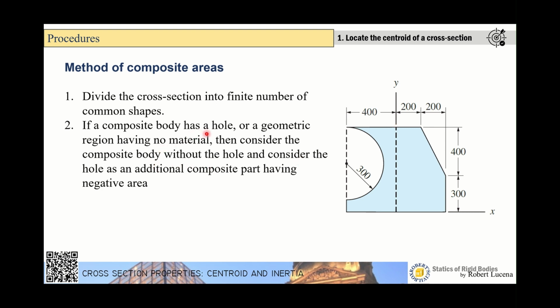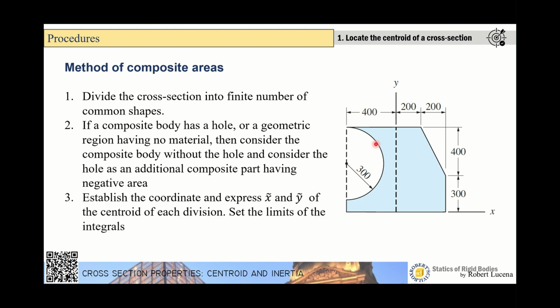Now, if a composite body has a hole, a geometric region with no material, then consider the composite body without the hole, or consider the hole as an additional composite part having a negative area. So in this case, you can consider a whole rectangle provided that you subtract the semicircle. Now you will appreciate this once we proceed with the application.